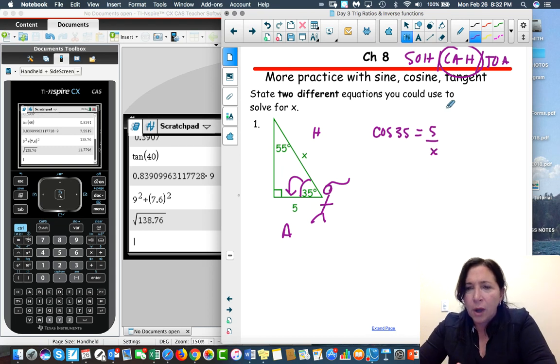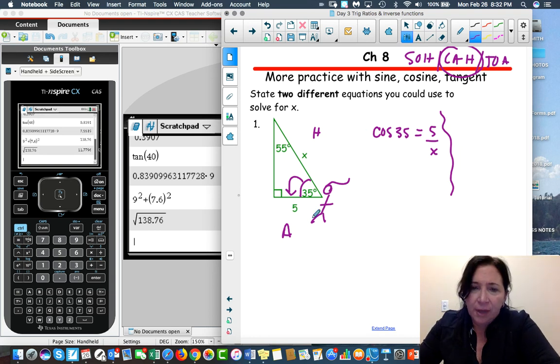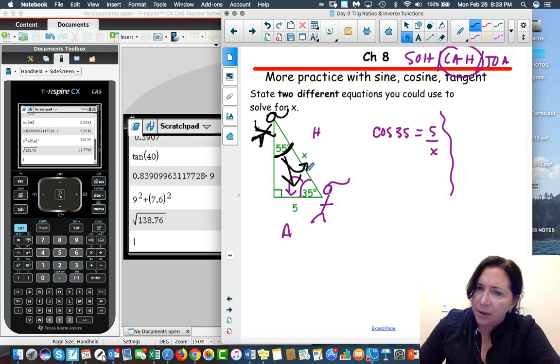So you would say cosine of 35 degrees is equal to the adjacent side over the hypotenuse. That's one way of solving that, and you would have to solve for x. Another way is to put yourself at the other angle. Now I'm here at 55 degrees, and I have the side opposite, and I'm trying to find the hypotenuse.